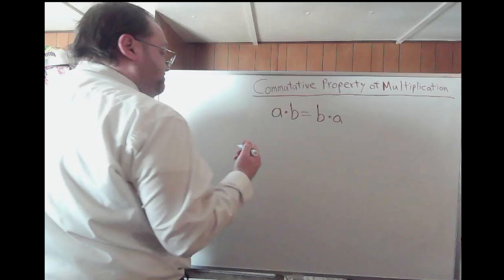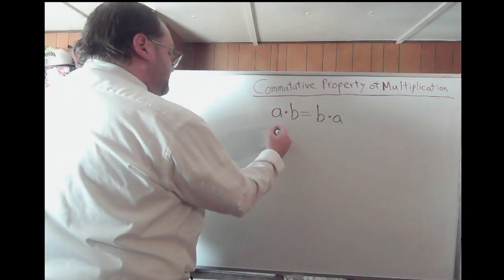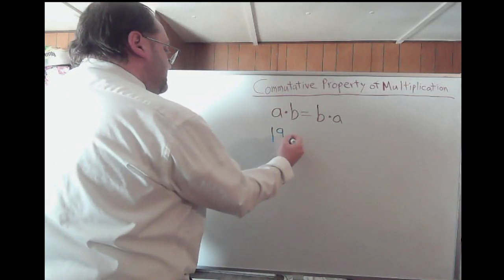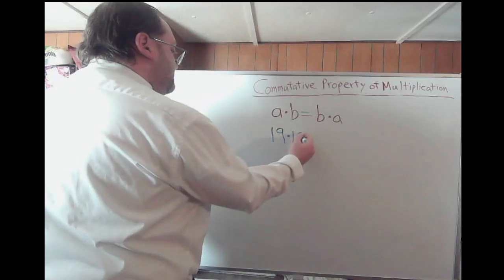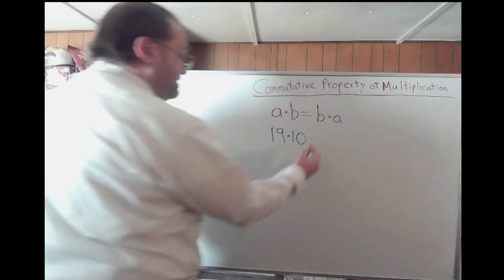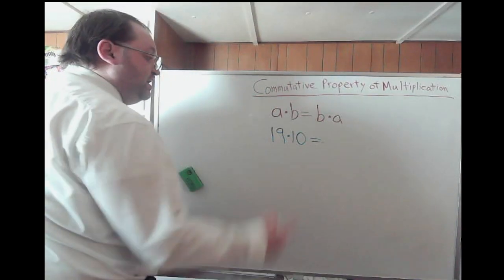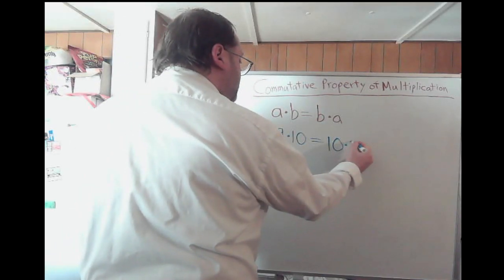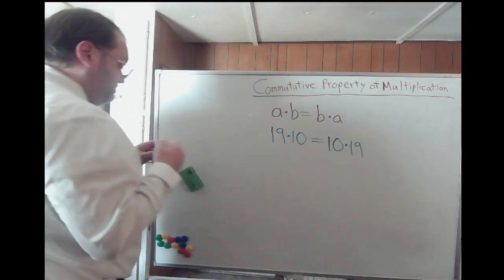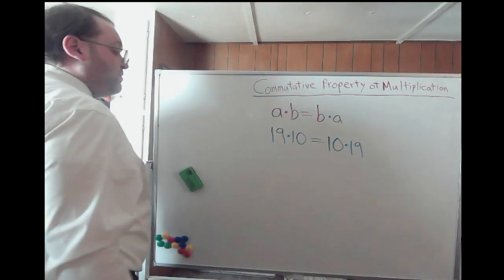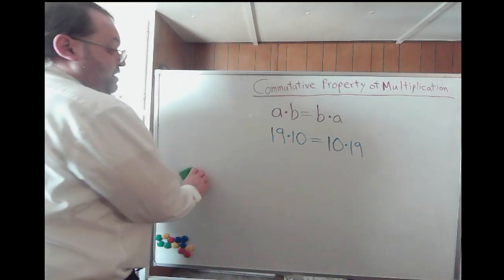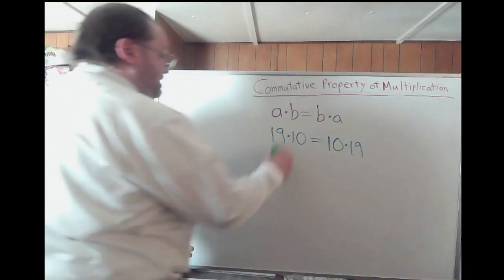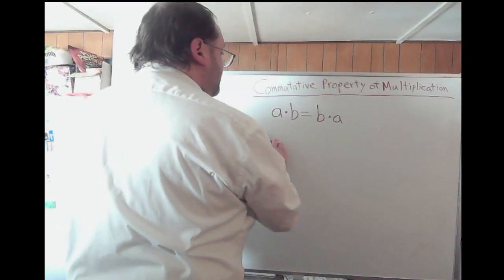And then, let's say we have 19 times 10, right? That would be the exact same way. If you use the commutative property, switch them around, you'll have 10 times 19. You would get the same result. So, therefore, it works with multiplication.